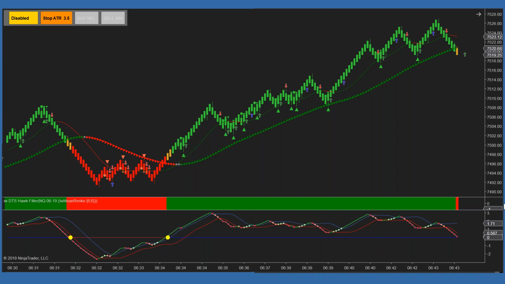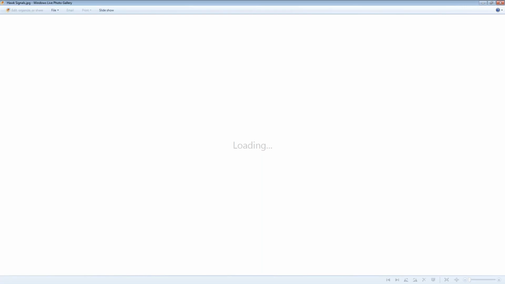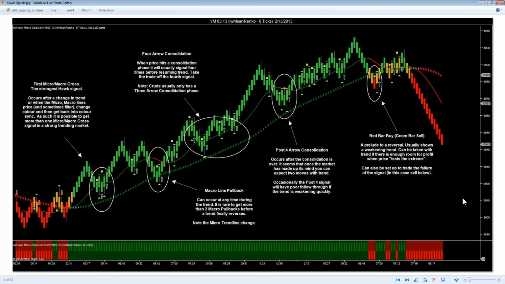And one second here as it tries to load up. My poor computer's trying to do too many things at once here. Okay, so here is your hawk cheat sheet.